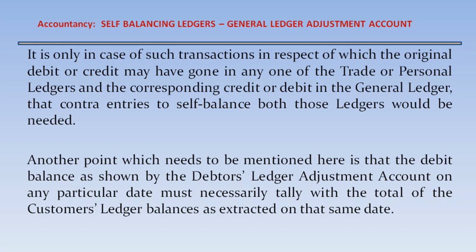Another point which needs to be mentioned here is that the debit balance as shown by the debtors ledger adjustment account on any particular date must necessarily tally with the total of the customers' ledger balances as extracted on the same date.